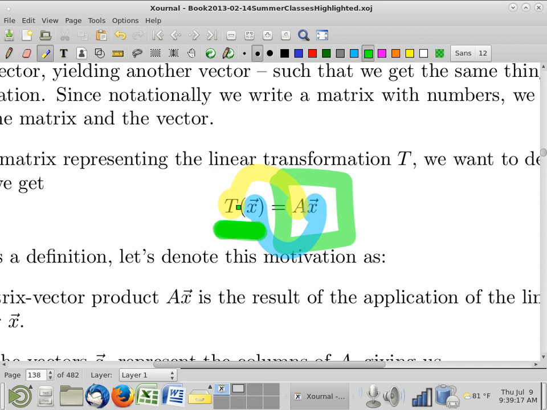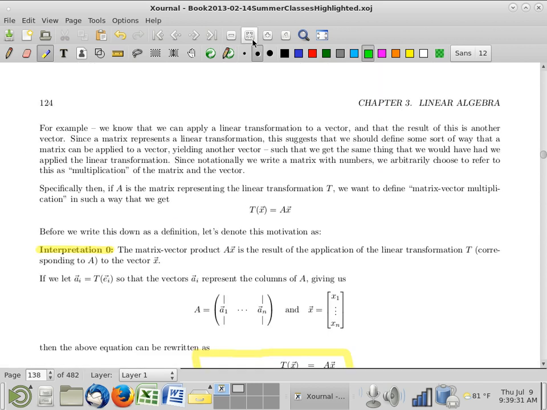So that's going to be our first point of view on matrix vector multiplication. We're going to define it to be what it should be. Okay, and that's what I've written down here as interpretation 0. This is our founding interpretation of what a matrix vector product ought to be.